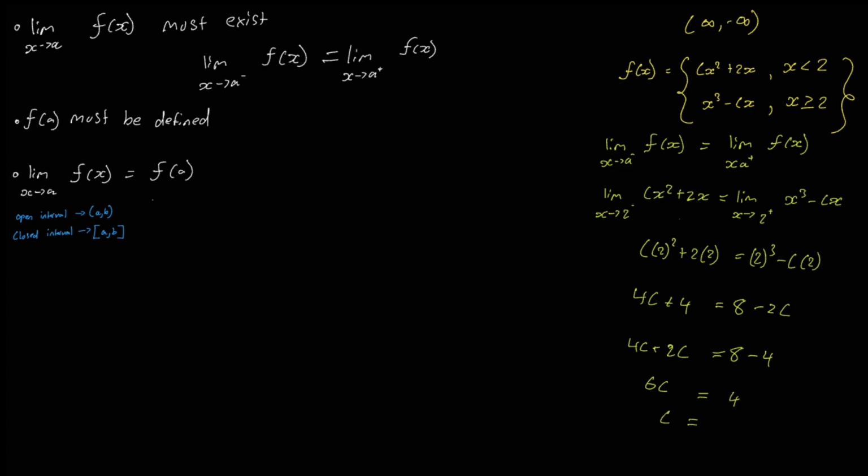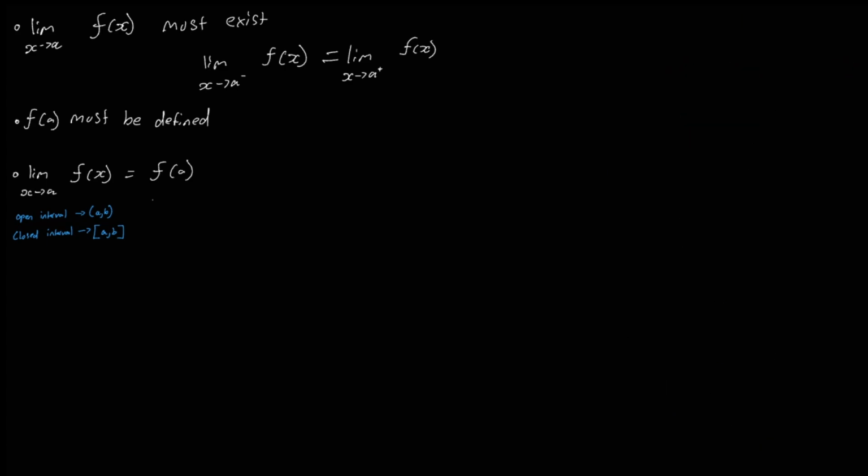We would divide 4 by 6. So 4 over 6 is our answer, but it can be simplified to 2 over 3, because 2 into 4 is 2, and 2 into 6 is 3. So this 2 over 3 is our value for c, for which our function f of x would be continuous.